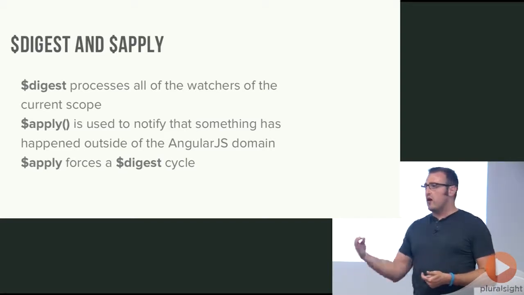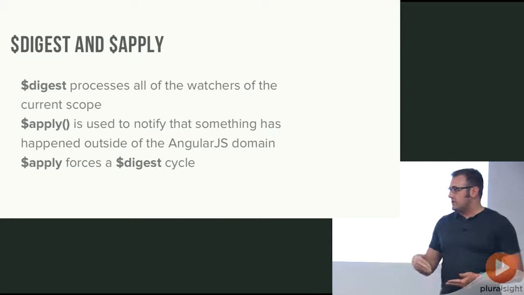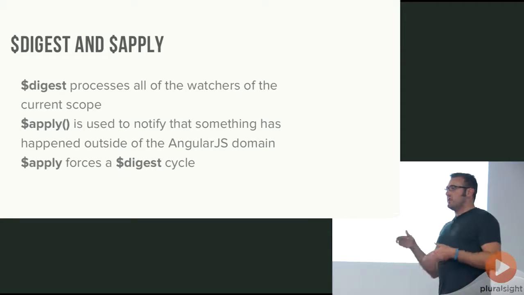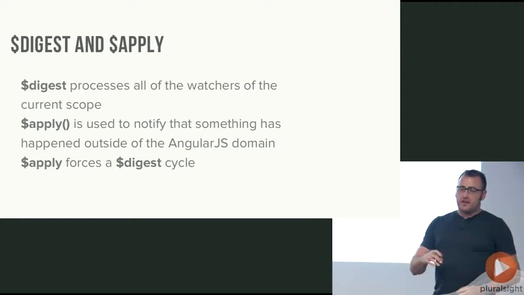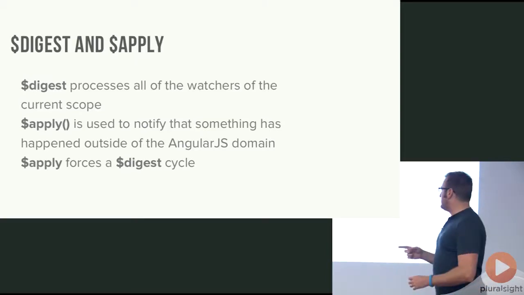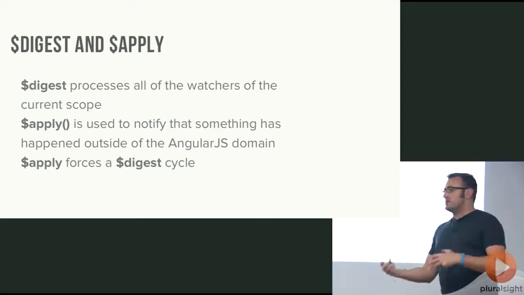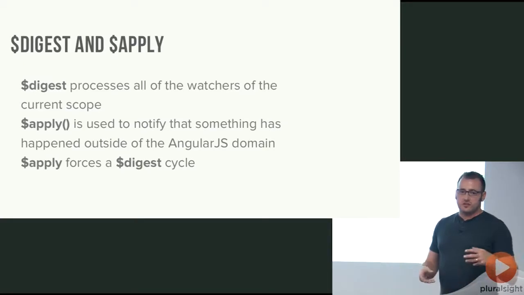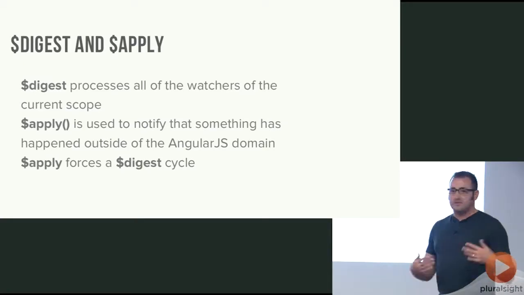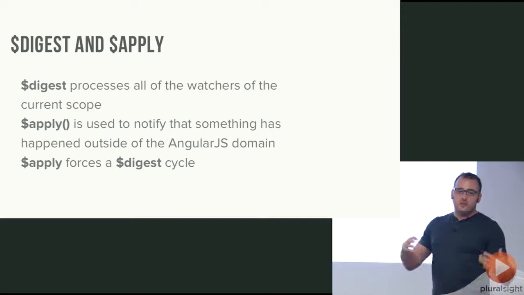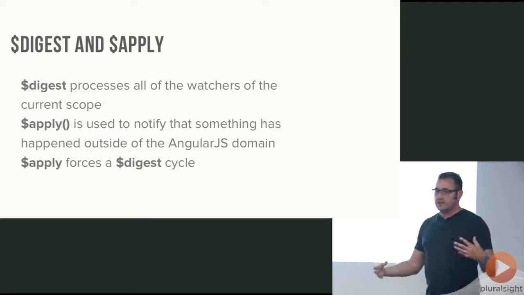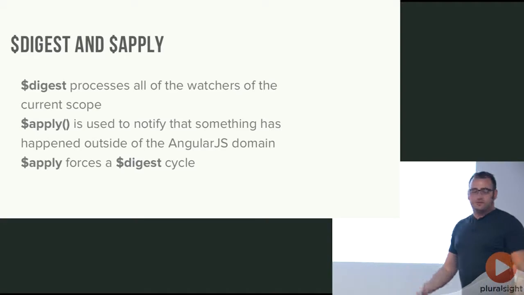You can call $digest, but it's recommended that you do not do that, that you use apply. The reason being is because you can wrap that. It actually has error handling built into it. So you can have a function where it'll try to apply it, and if it fails, it won't fail silently. So it's recommended within the view, or within your application, to use apply.